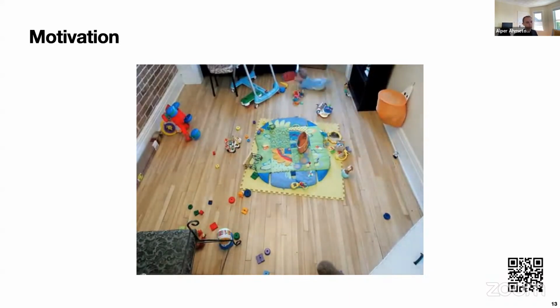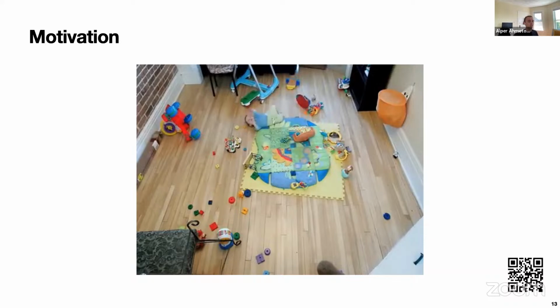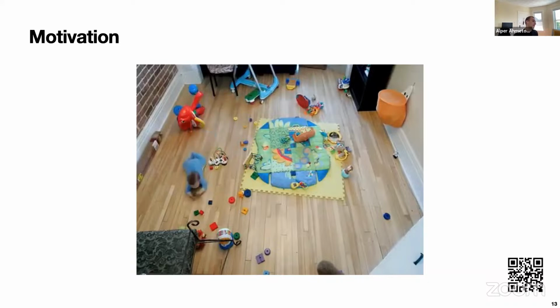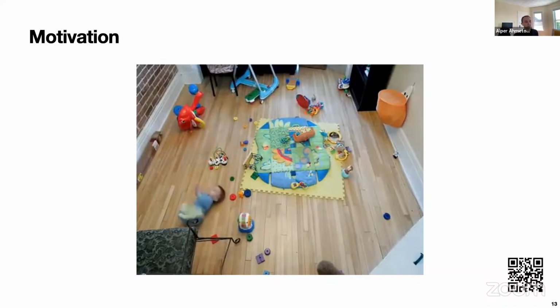So I want to give another example of why we would want to develop representations that are based on our current action set. Consider a robot that can fly and one that cannot fly.